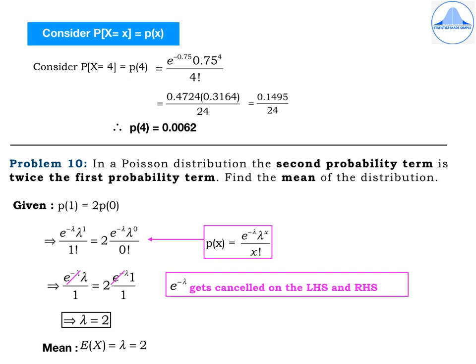So on simplification you see that you will get the value of lambda as 2. Now, what is the question asked? The question asked is you should find out the mean of the distribution. So, we know that the mean of the Poisson distribution is E of x equal to lambda, which is nothing but 2.